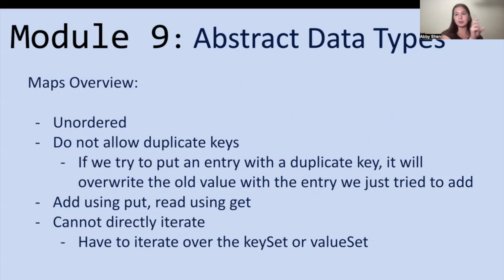So you say your map's name dot put. If you want to get the value for a certain key, use get. You cannot directly iterate over a map because there are keys and values. So you can iterate over the key set or the value set.